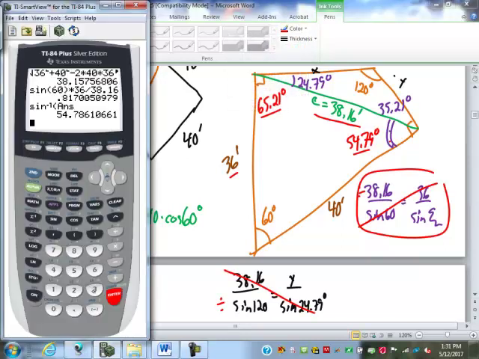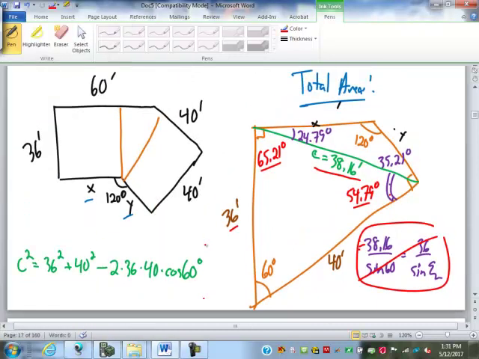So we got 38.16 times sine 24.79. Make sure I close my parentheses. Divided by sine 120. Close those parentheses. 18.48 I get there for y. That's kind of what you had, wasn't it? So then you switched them.